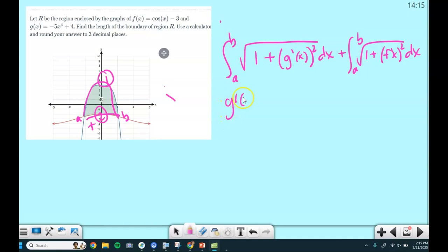So what's g prime of x? Negative 20x to the third. And then f prime of x is going to be negative sine of x. Okay.